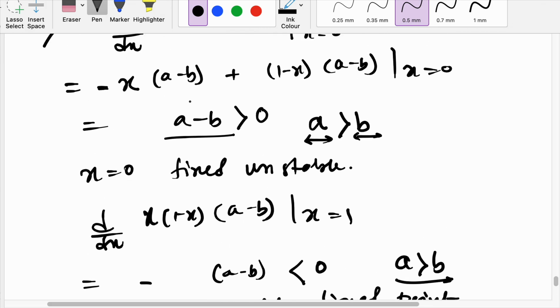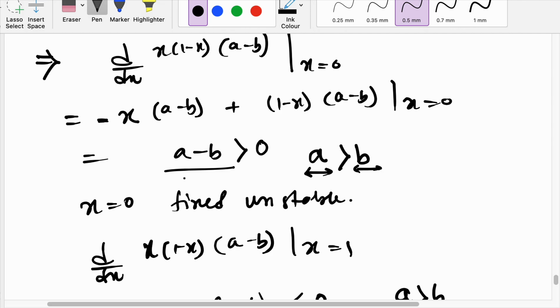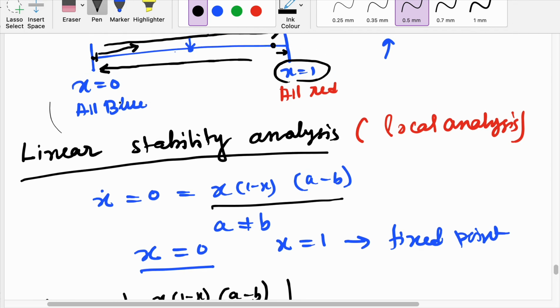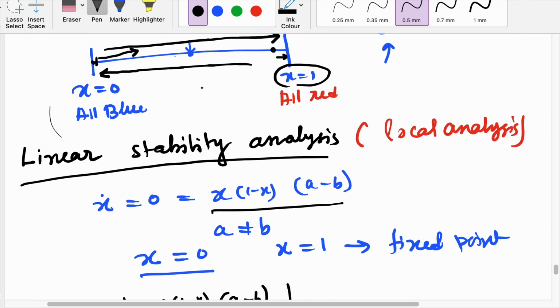And if it is the other way around, if a less than b, then from the linear stability analysis you will find that this state will become stable and that state will become unstable. Since there is no other fixed point, the population will go to either this state or that state.